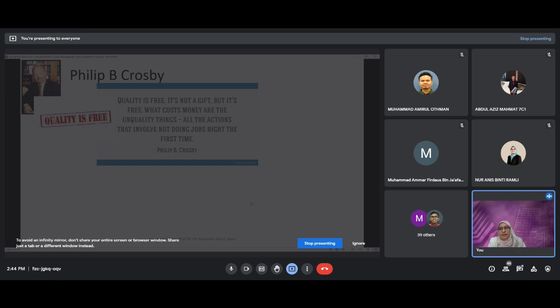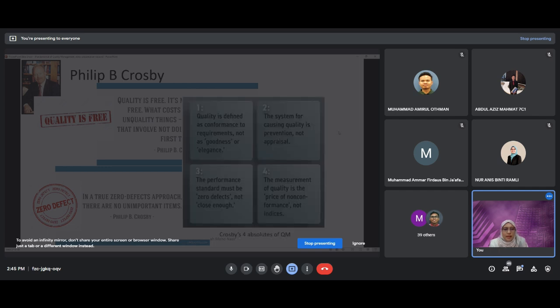Crosby says that quality is supposed to be free and is supposed to be about doing the job right the first time. And he also introduced zero defect. Zero defect means zero defect at the first time. So this relates to the first theory, quality is free.